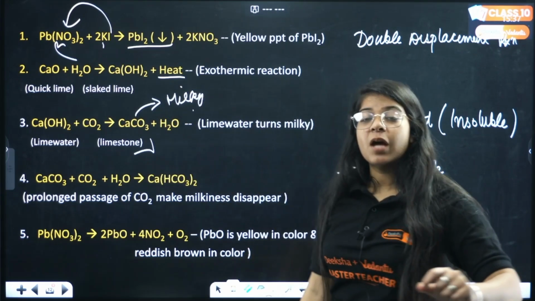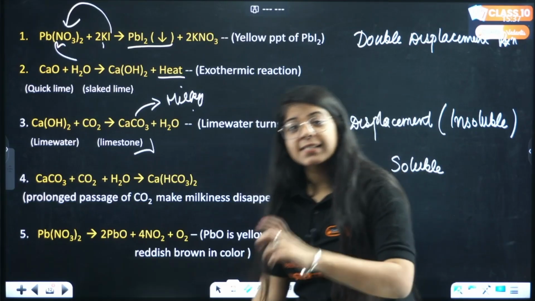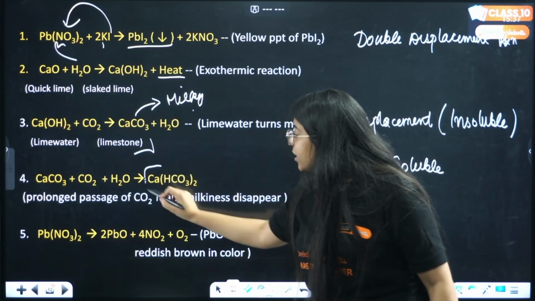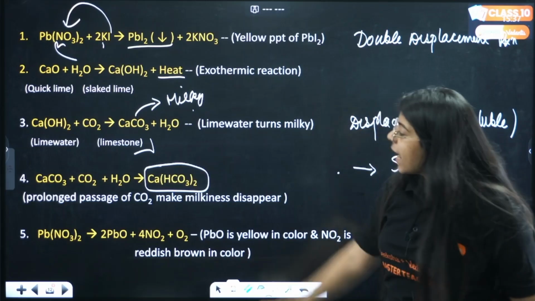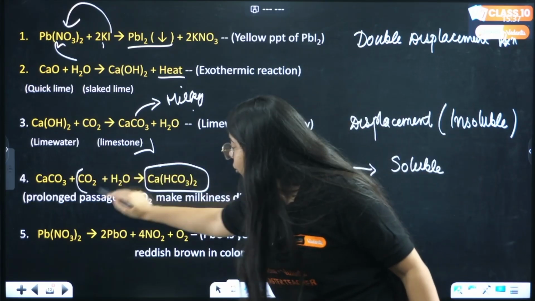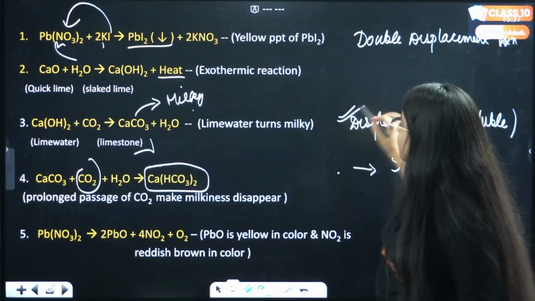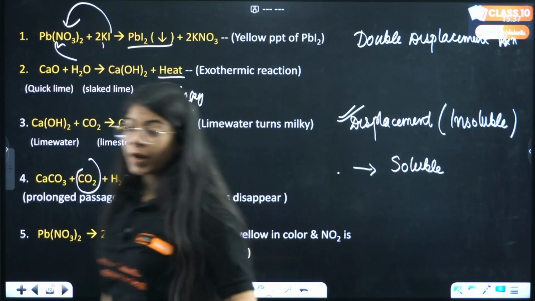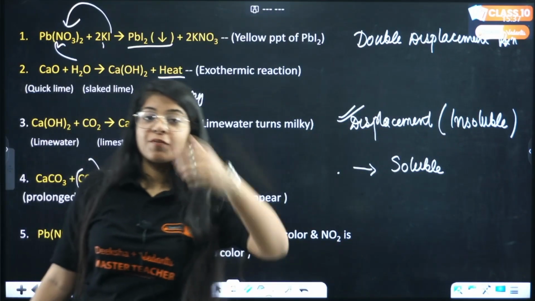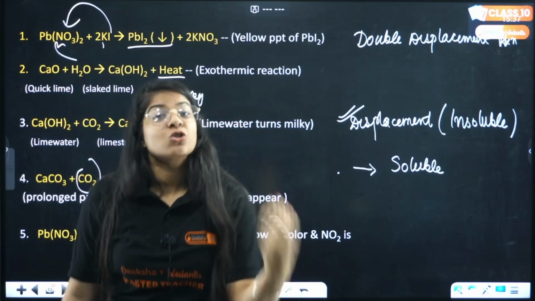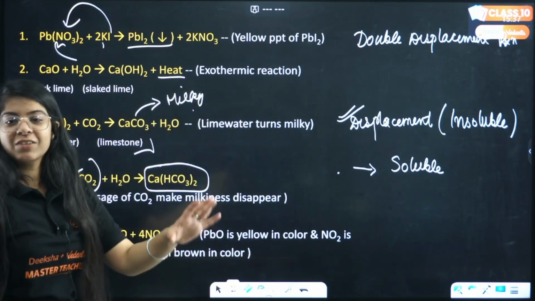Then this calcium carbonate combined with carbon dioxide and water becomes calcium hydrogen carbonate, and prolonged passage of CO2 makes the milkiness disappear. So the milkiness made it insoluble, but prolonged exposure to carbon dioxide made it soluble, and the milkiness got disappeared.